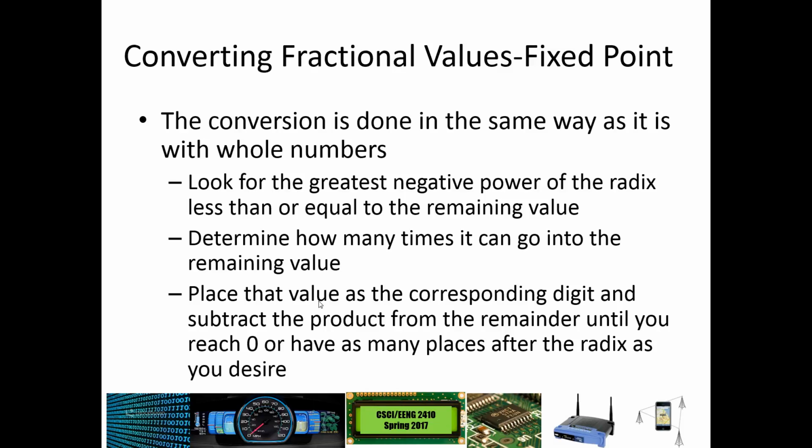For the part to the right of the decimal place, we go through a similar procedure where we look for the largest power of 2 that is less than or equal to what we have left to represent. Then we put a 1 in that place and subtract that from what we have to represent. If we don't have a match with the power of 2 that we're comparing, we'll put a 0 down. We place corresponding 1s and 0s in every place until you have as many places after the radix point as you desire.